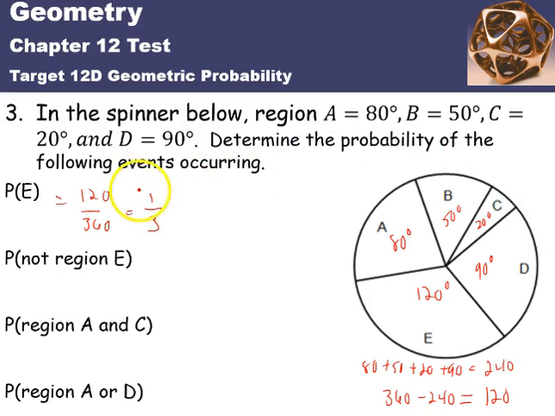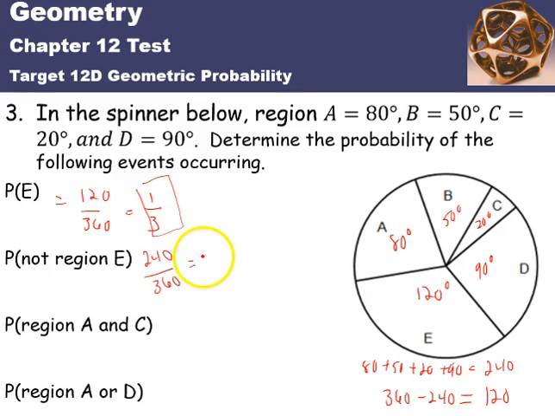Okay, so not E is everything but E, and that was 240. We already did it. So 240 out of 360. And let's see, that's divisible by 10, and again by 4, 12 actually.